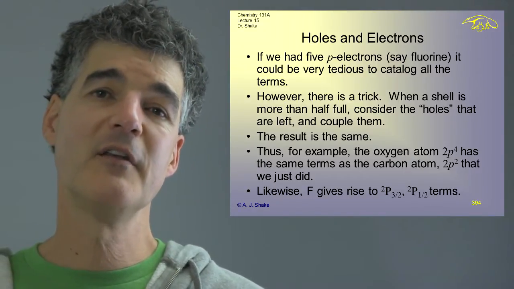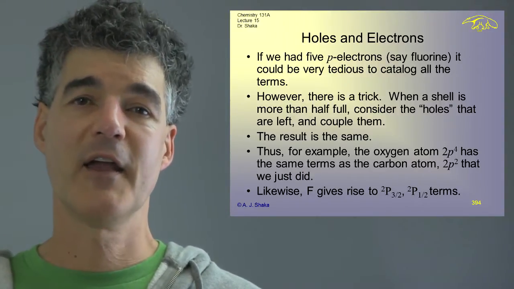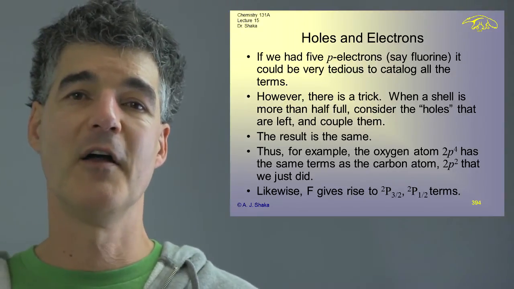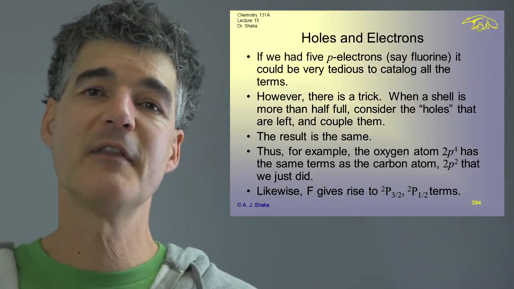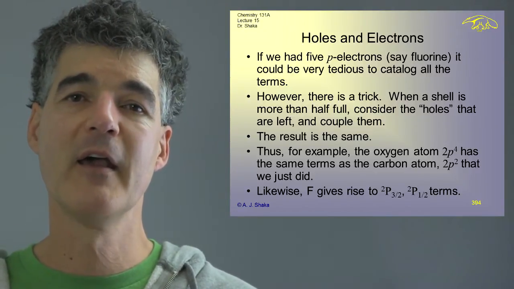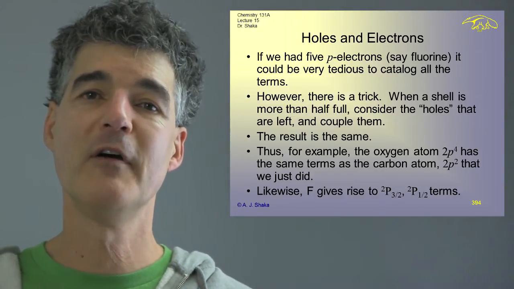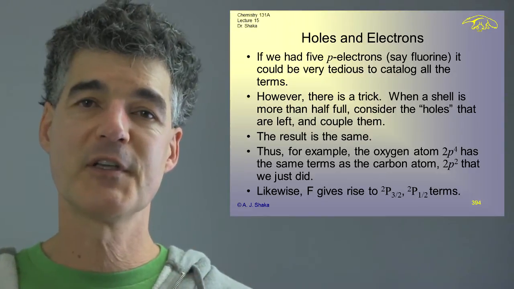And so the trick we can do is treat the missing electron, the hole, as if it were an electron, and we can move it around and treat it the same way we would if we had 1 electron. That's because once it's more than half full, it's really the holes that are dictating which terms can arise.